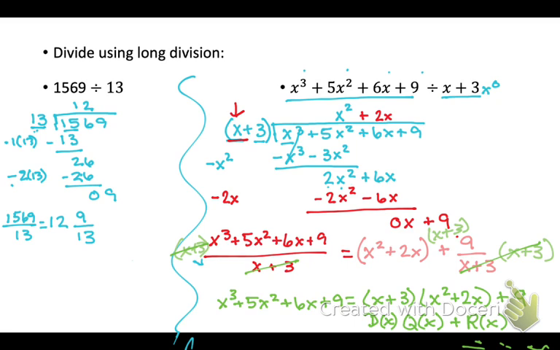Now, does it matter if I put the quotient before the divisor? Does it matter which way I multiply? No, it does not. I usually put the shorter one first because I could have a binomial and a trinomial, or a trinomial and 4 terms. Does that make sense?